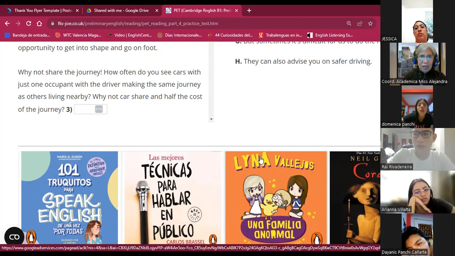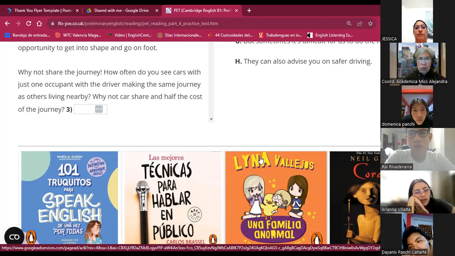Which do you think are the most important words here in this paragraph, which means save money in petrol and protect the environment? How can you save petrol, save gasoline, and protect the environment?